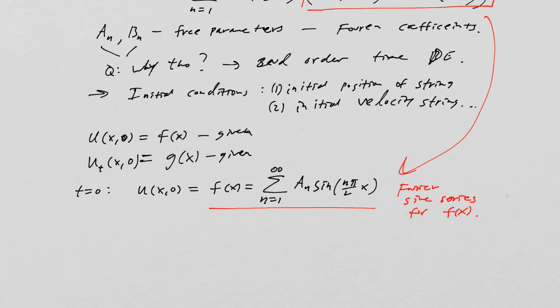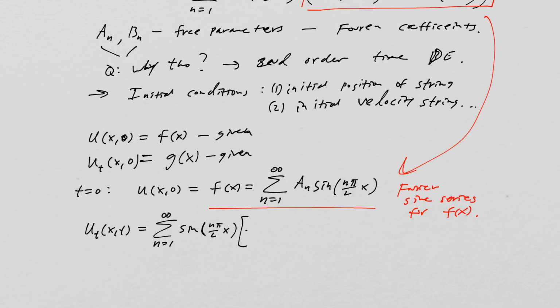The next step is to look at ut of x comma t. That's equal to the sum n equals 1 to infinity of sine n pi over L x. That part doesn't change because we're taking the derivative with respect to time.